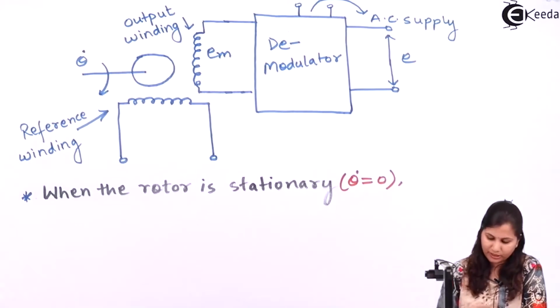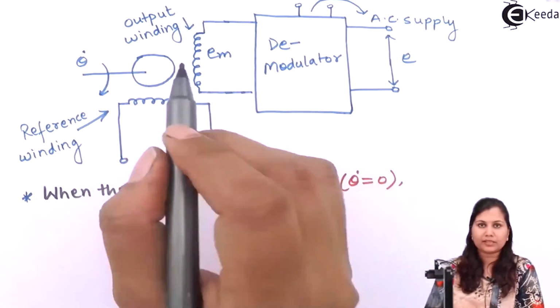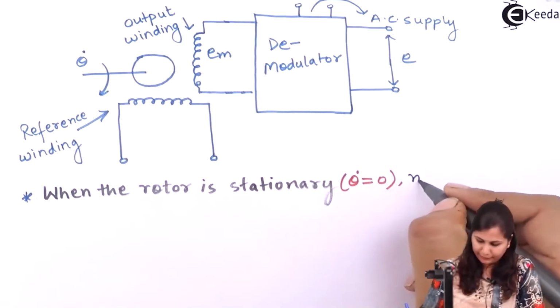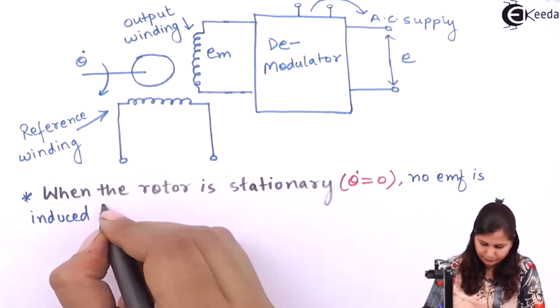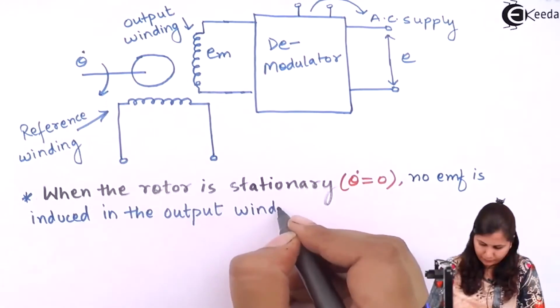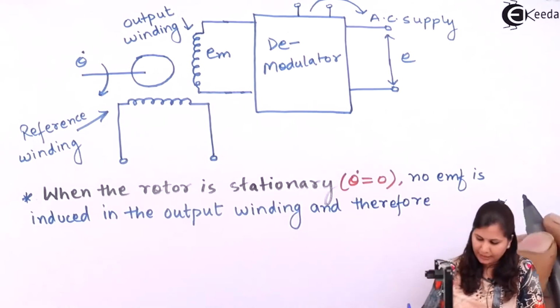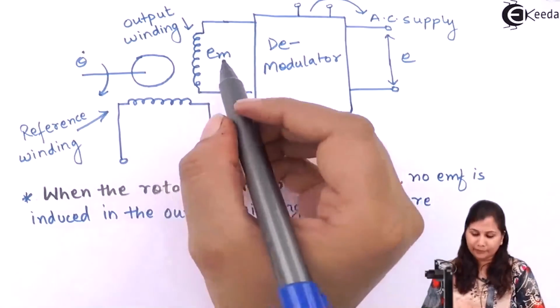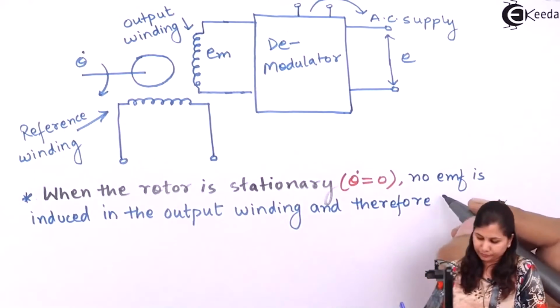So when the rotor is stationary, theta dot is 0. So no EMF is induced in the output winding. And as no EMF is induced, so the output voltage will be 0.